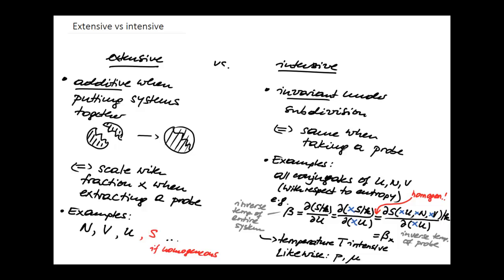But it's important to realize that you have this clear distinction between extensive and intensive only if the system is homogeneous. If it is not, then in general there are variables that cannot be uniquely classified as either extensive or intensive.